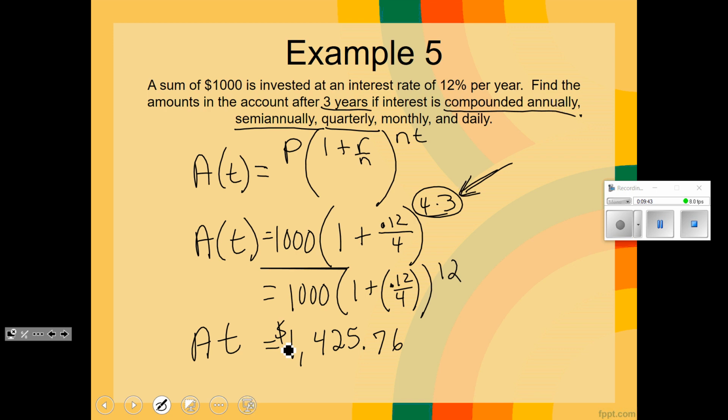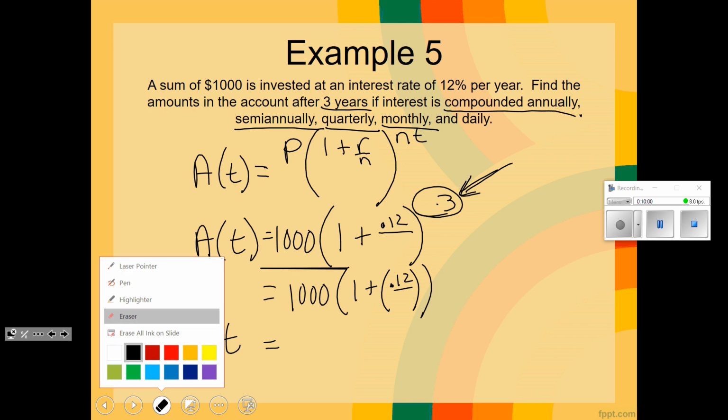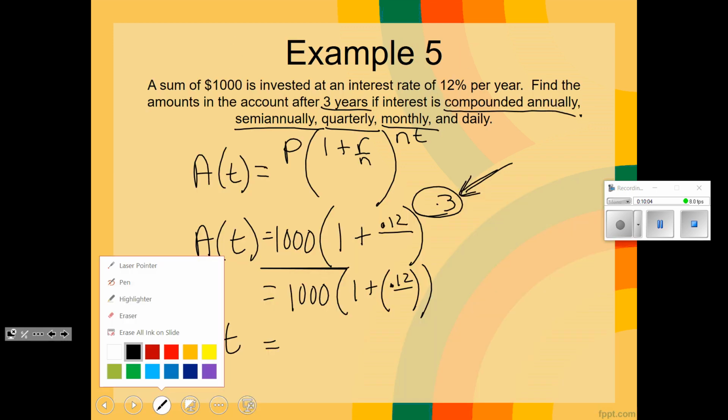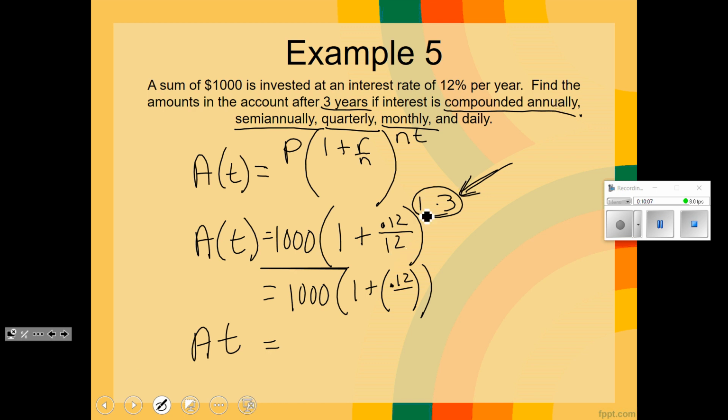If I compound it 4 times a year, every 3 months, okay. Let's look at what it is monthly, meaning how many times a year am I going to compound it? It would be 12. So this would become a 12, and this would be 36, right? 12 times 3.